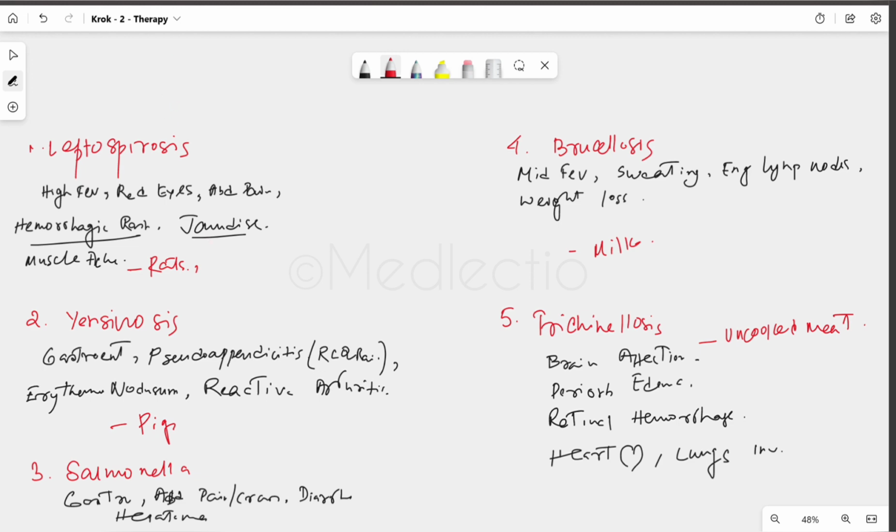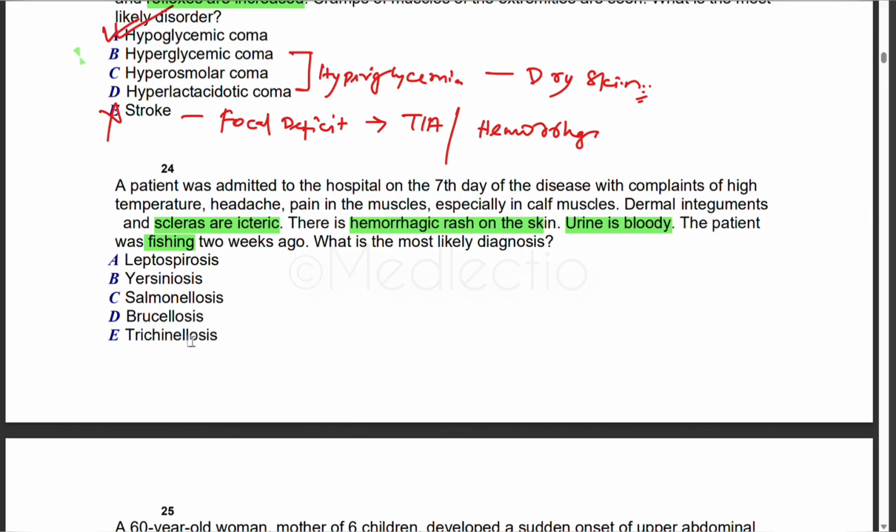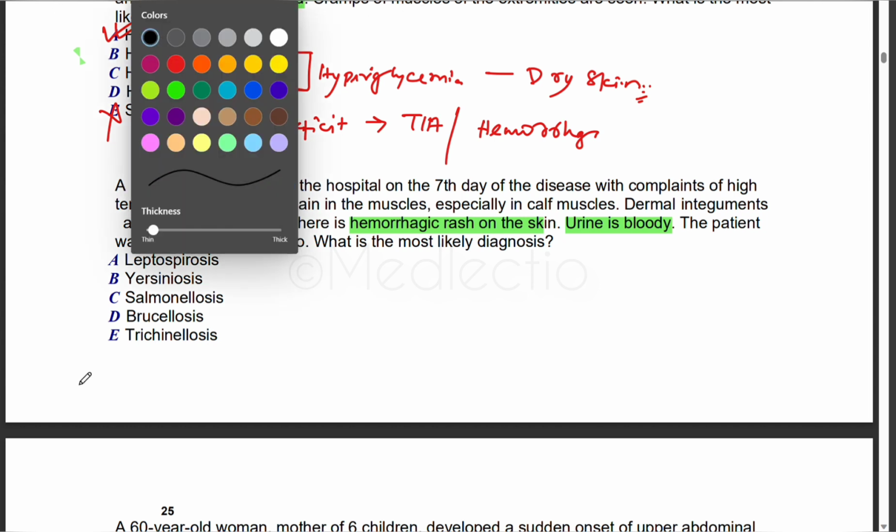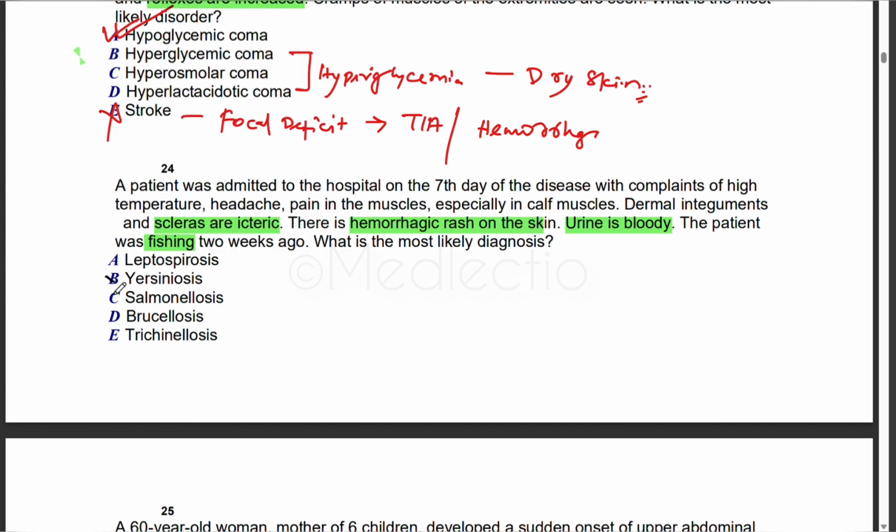So let's get back. Here we don't have any history of pig or something else, so we can rule out yersiniosis. We don't have any GI symptoms, so salmonellosis no. Brucellosis, there is no history of drinking milk, no history of eating uncooked meat.